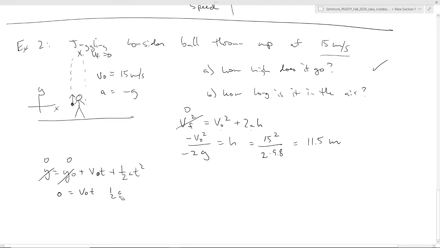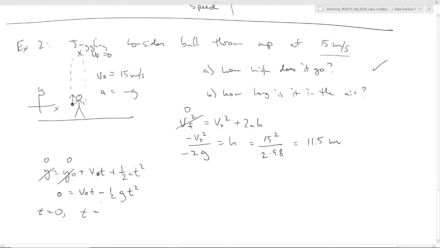Actually, let me put in g here. One solution would be to say t equals 0 would work. Alternatively, we can divide out one factor of t and then solve this thing for t. And I should say t equals 0 corresponds to the time right when the juggler throws the ball. So before it's left at t equals 0, that would be one time at which it's there.